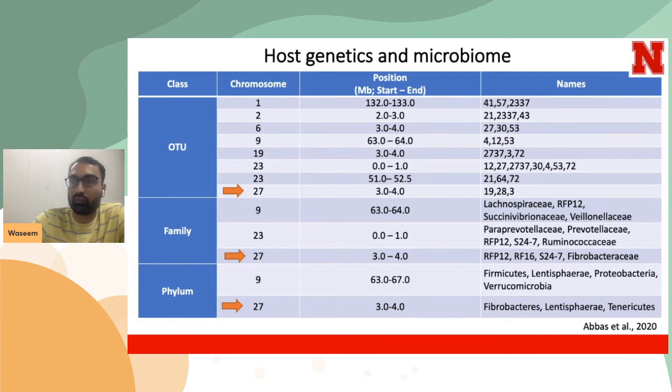So we can say there are some OTUs that have associations because they are part of a bigger family or phyla that also has genetic control, but there were some OTUs that individually have an association with host genetics. And then there were some OTUs controlled by two different regions, like these OTUs 30 and 2337.